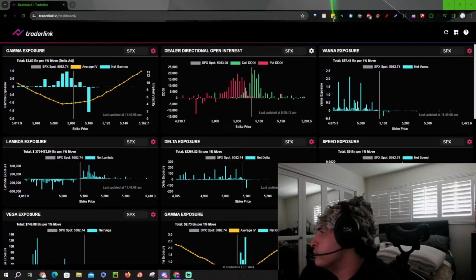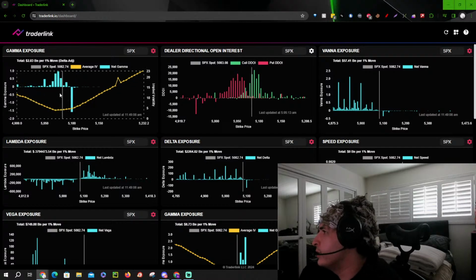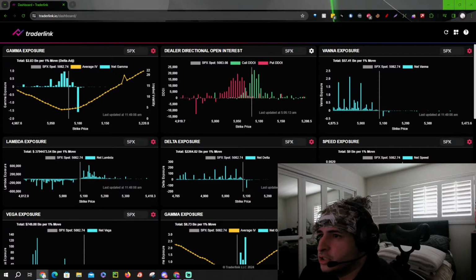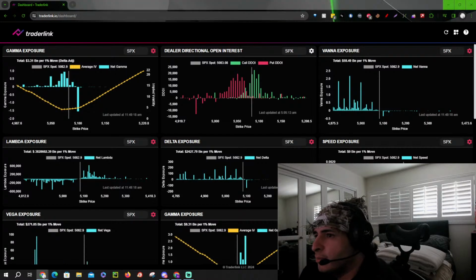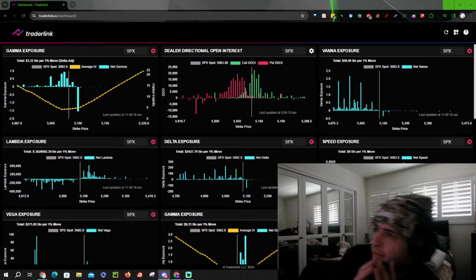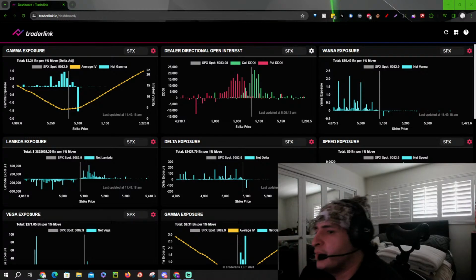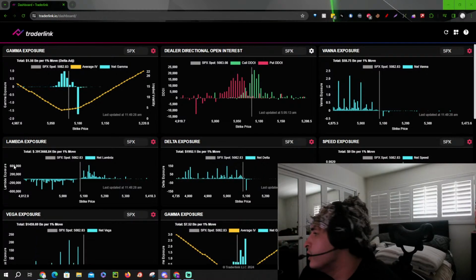So return to the mean is kind of where I'm at right now. Initially this morning I took a short because I had to readjust some things, but that was based on an older position that I was in.